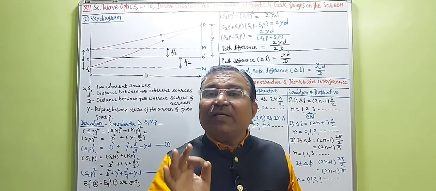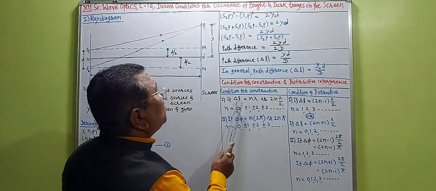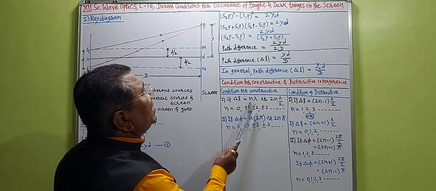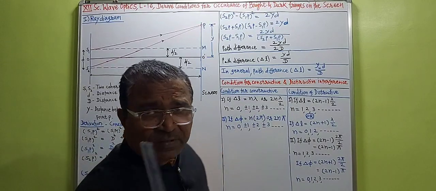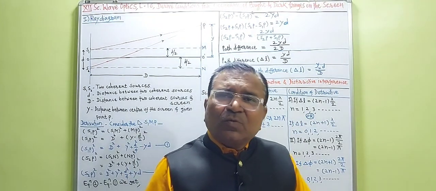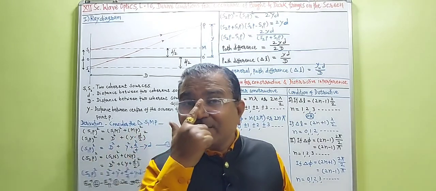And how can we state the condition? See here, listen carefully. You should write this statement in your notebook. What is the condition of constructive interference pattern?